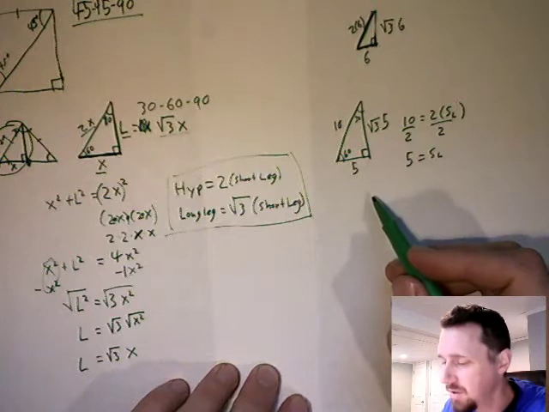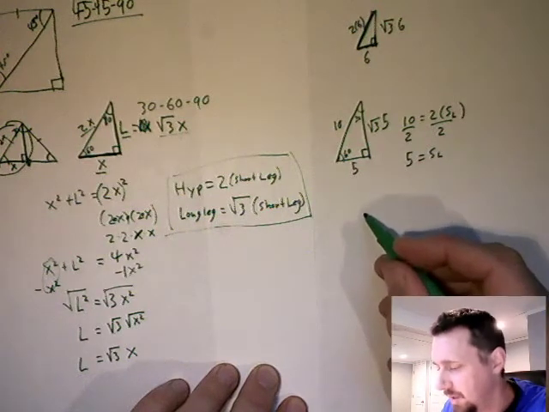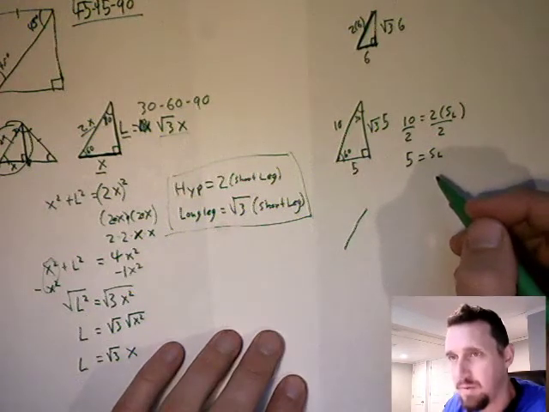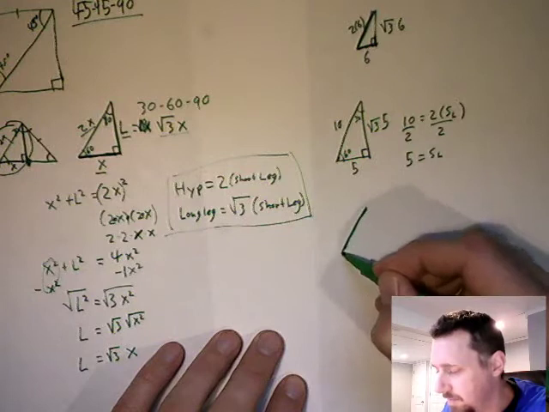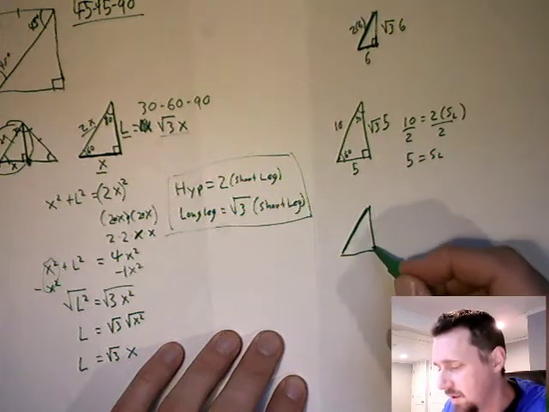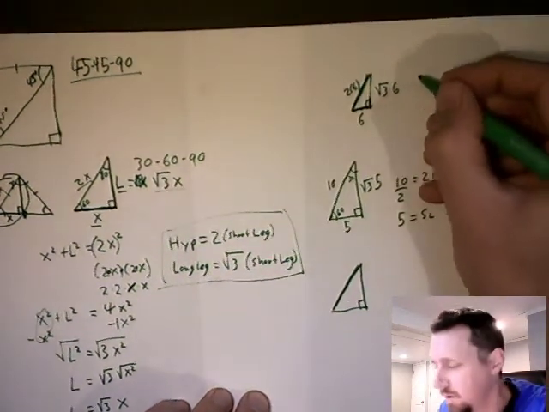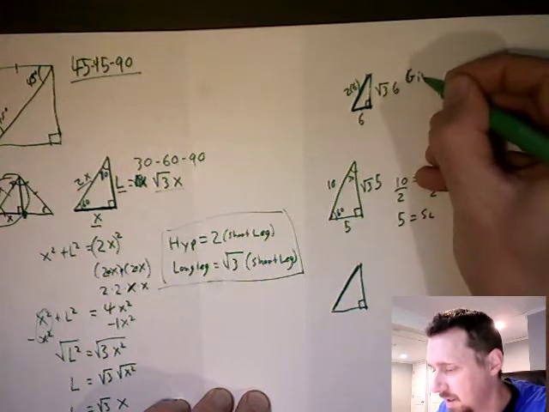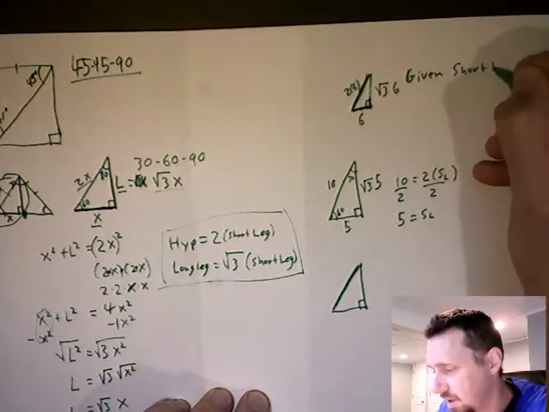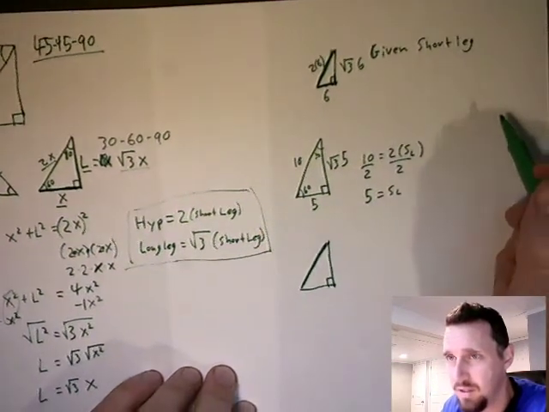What happens if you're given the long leg? What happens if you get a special right triangle and you are given, so this was, let me write these in. This top one was if we are given the short leg. Okay, and that's the dream situation.